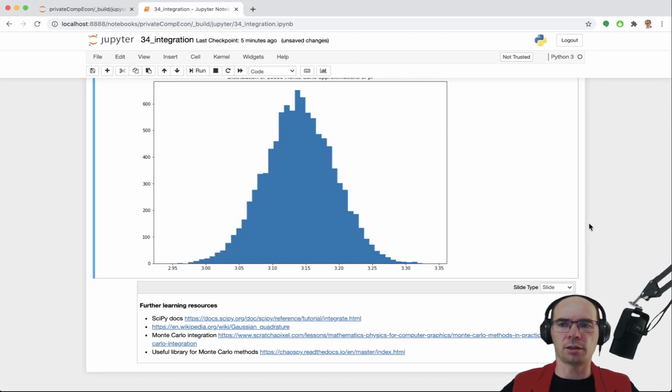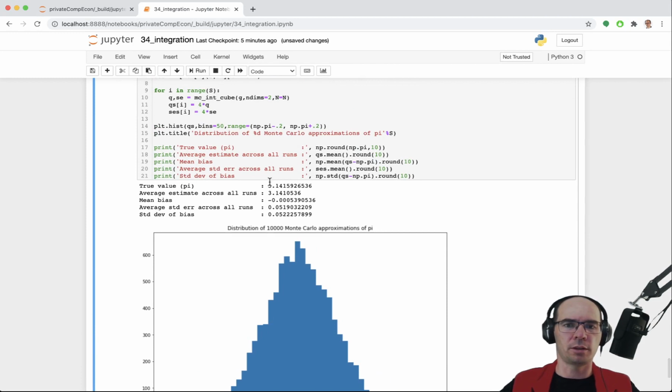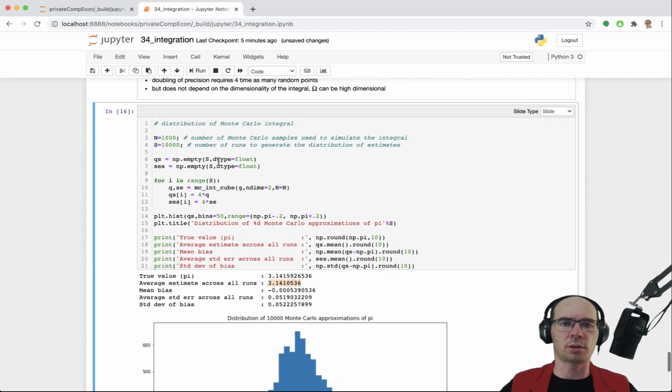And another thing to check is here's some text output. So the true value of pi is 3.1415, right? The average is 3.1410, so we are making a mistake in the fourth digit here. Now, this is an average of many Monte Carlo runs. Each Monte Carlo requires 100 random draws, and we're doing 10,000 of the Monte Carlo runs.